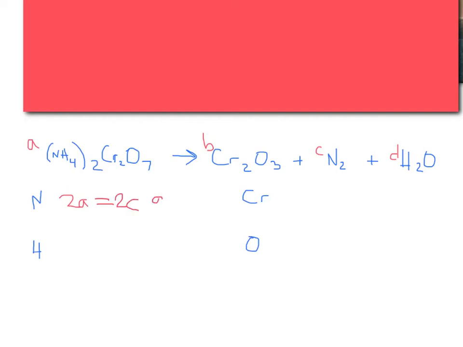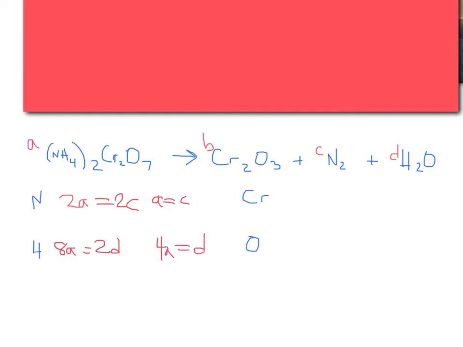So in other words, A equals C. Alright, for hydrogen, what we have is 8A, 2 times 4 times A, equals 2D. Which means then, if we divide out 2, 4A equals D.